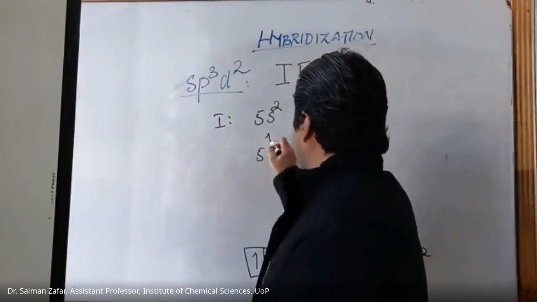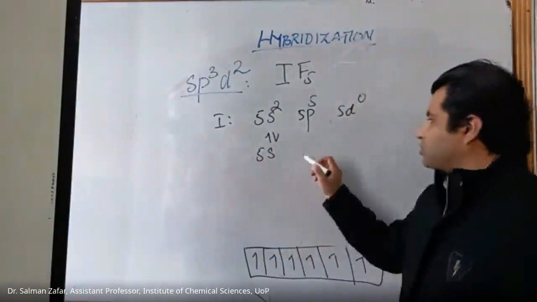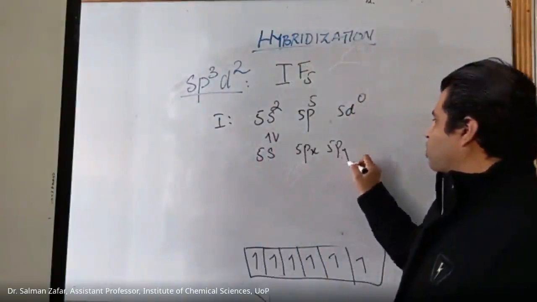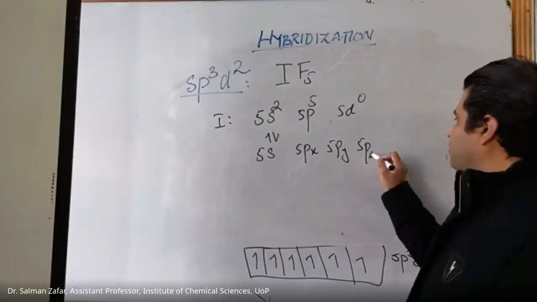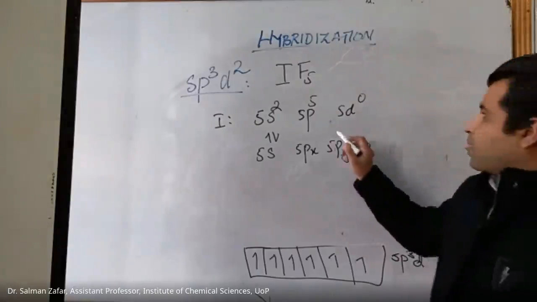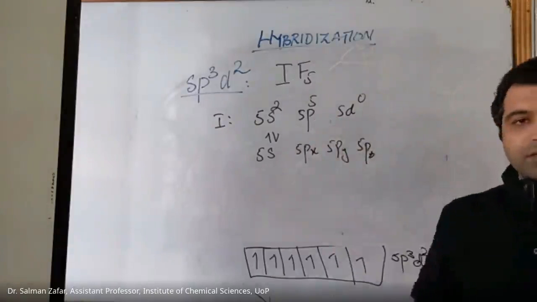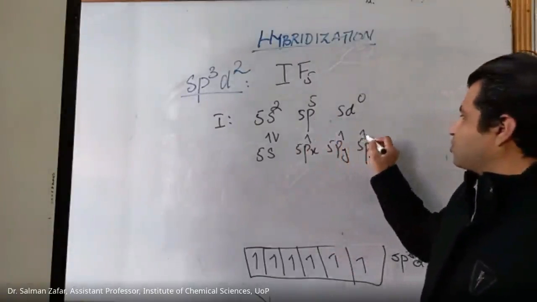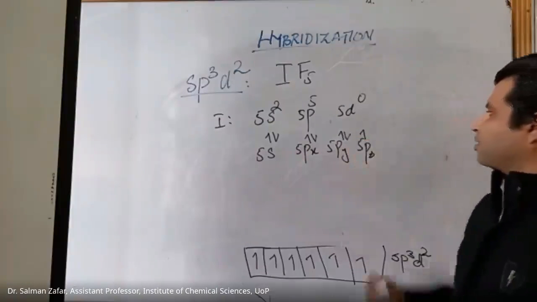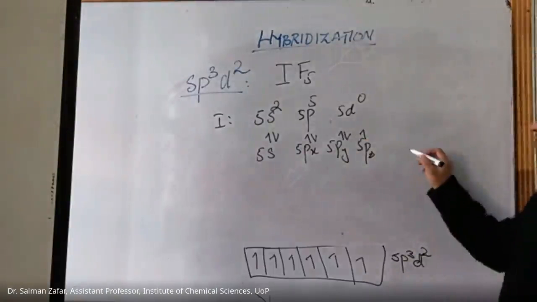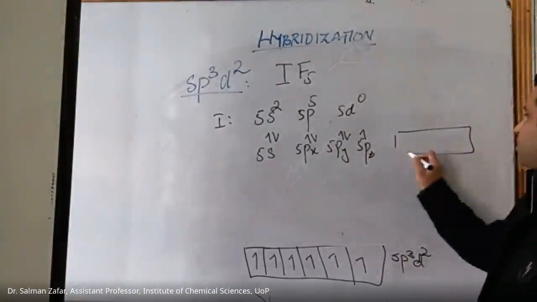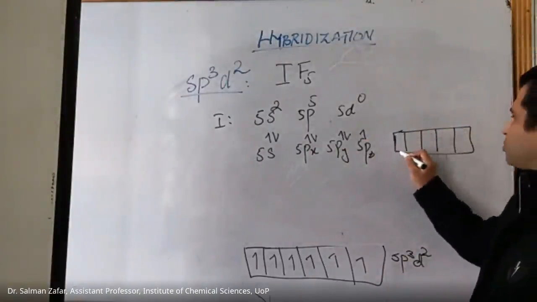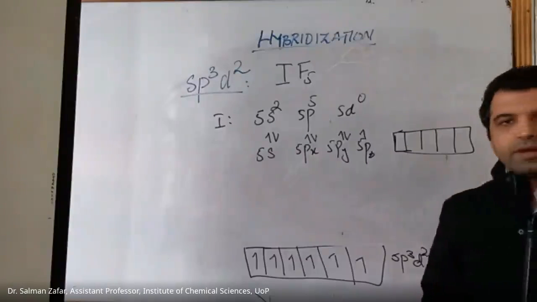We have the 5s2 electrons, and then we have the 5px, 5py, and 5pz. So we have 5 electrons in the p orbital: 1, 2, 3, 4, and 5. And then the 5d is empty. We do not have any electron in the 5d.